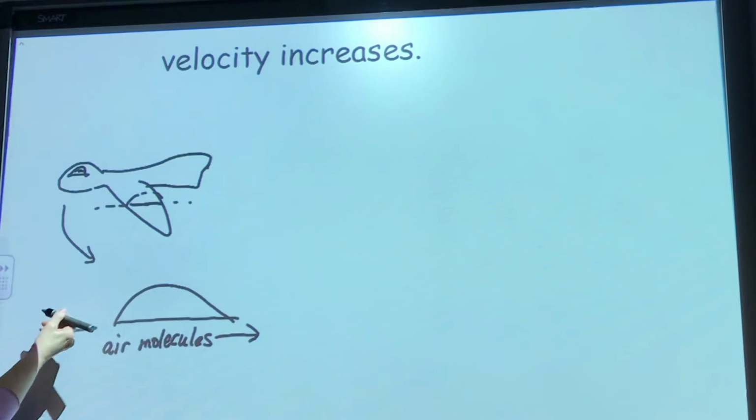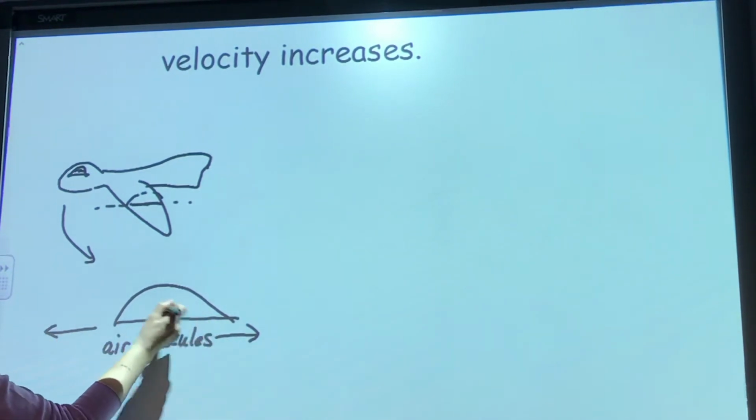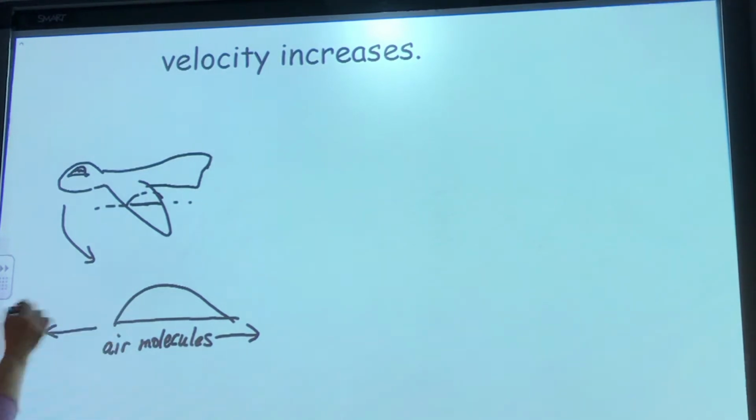Because the wing is traveling this direction, so it's as if our air molecules are moving in that direction as far as this wing is concerned. Now my question is, is there a difference in velocity at the top of the wing and the bottom of the wing? If you answered yes, you're correct.